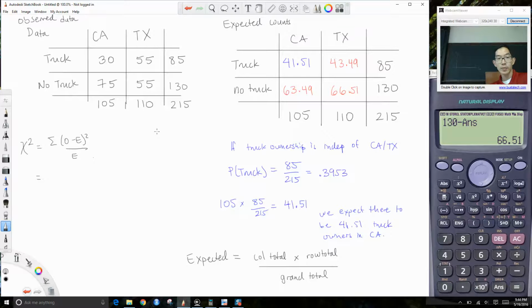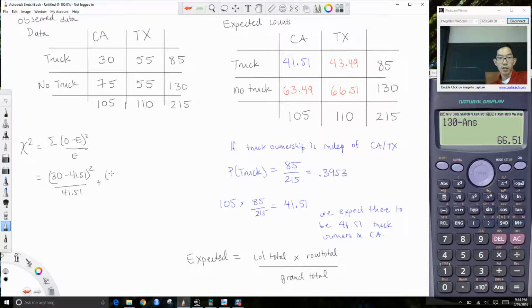Okay, so here what I observed was 30, and I'm going to subtract off the expected of 41.51. I'm going to square that and divide by 41.51, and we're going to do this for all four of the inner cells.